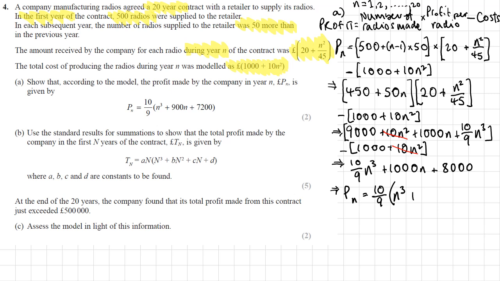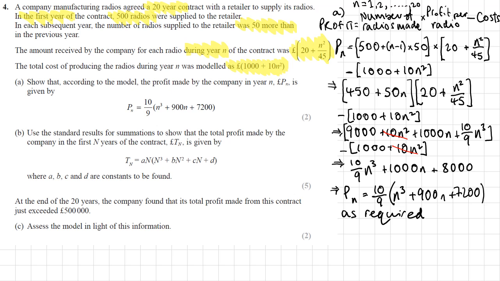So 900n. And then do the same thing with this 8000. 8000 divided by 10 over 9, and that's 7200. So we've got the expression they want as required.